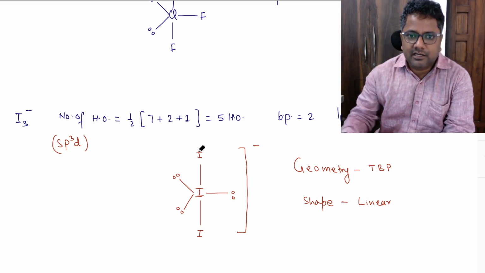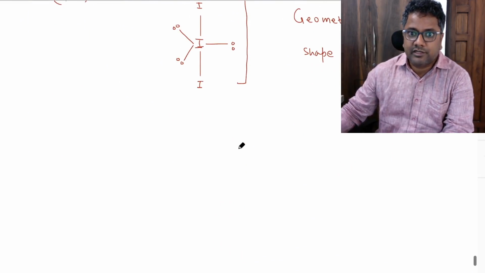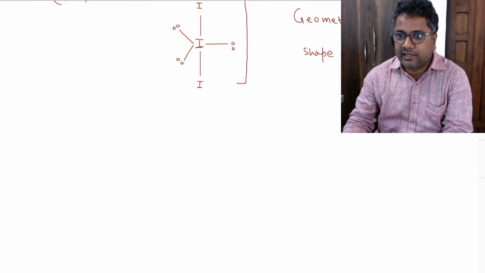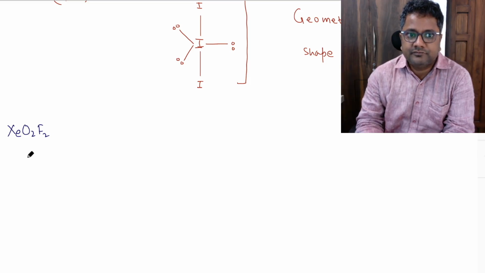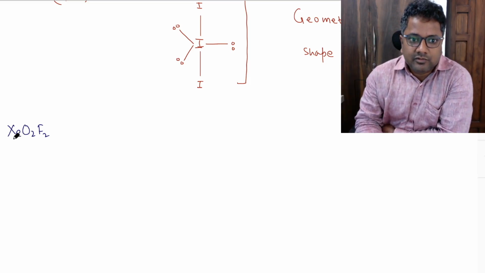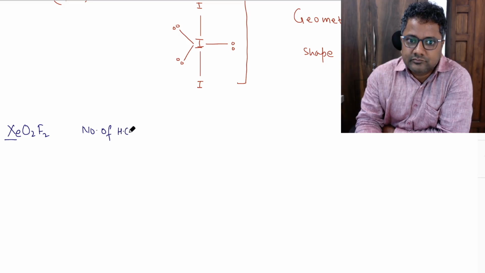So this is the application of Bent's rule. Some more application, more example I should explain here. Suppose you have XeO2F2, right? So again, number of hybrid orbitals. The central atom is xenon, so this is 1 by 2.